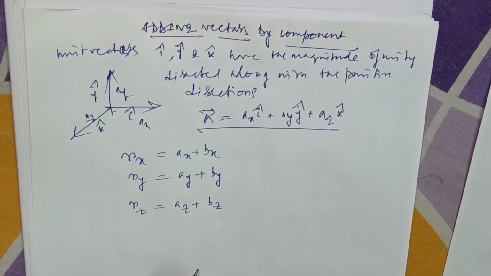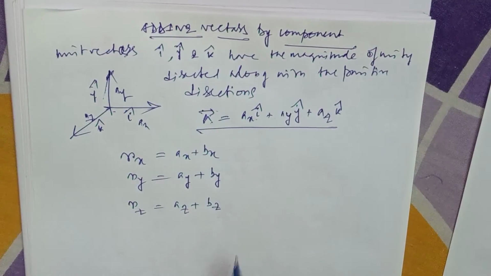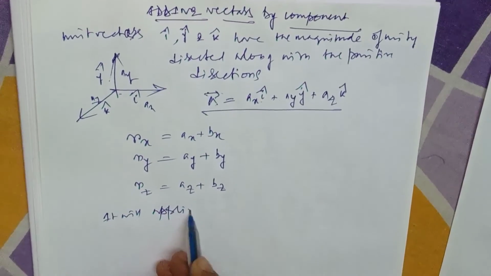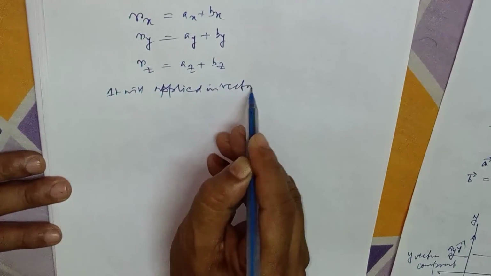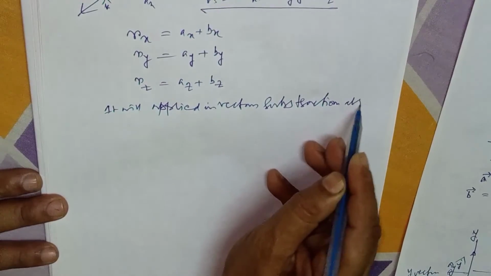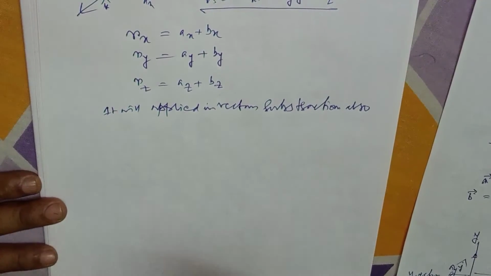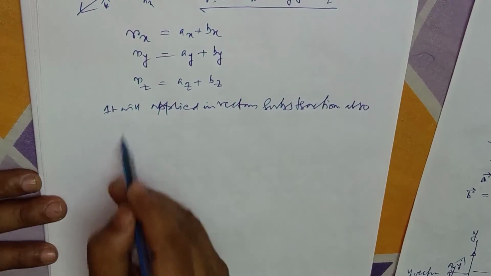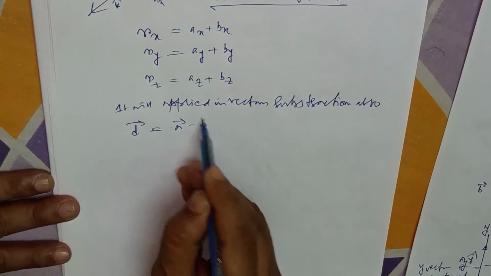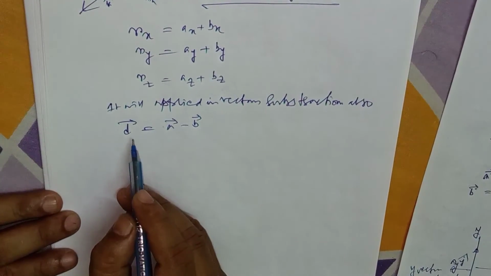Now the procedure for adding vectors by components also applies to vector subtraction. If we denote the displacement, the subtraction, as d, d is vector a minus vector b.